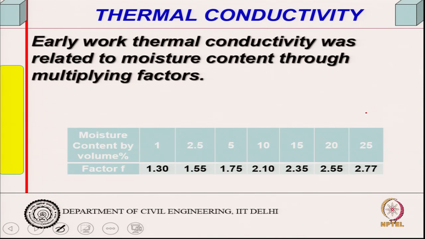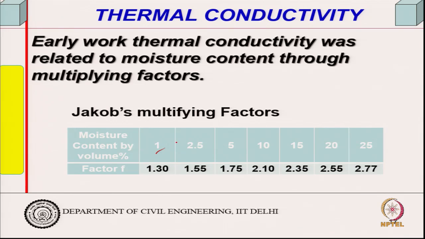Now, early work, as I said, related thermal conductivity to moisture content through some multiplying factors. These are called Jakob's multiplying factors, which you find in books of the 1940s or 50s. They simply said that if you have moisture content by volume of 1%, multiply by a factor of 1.3, and so on up to 25%.